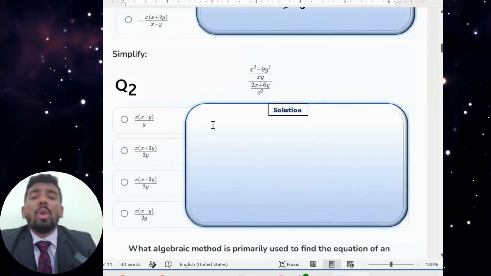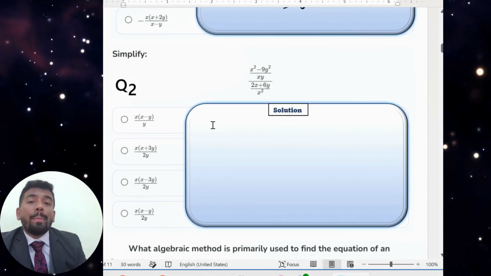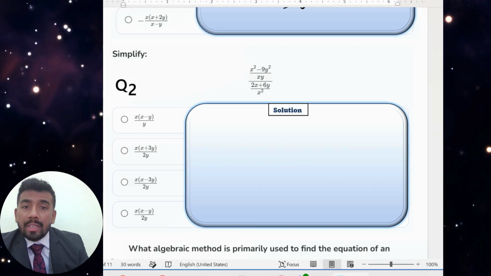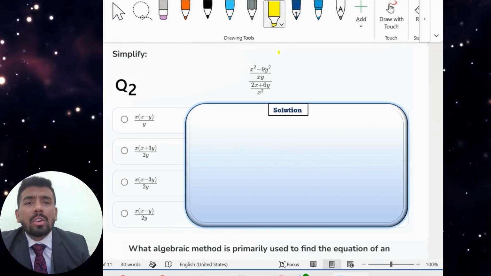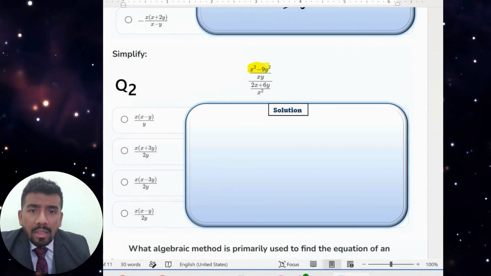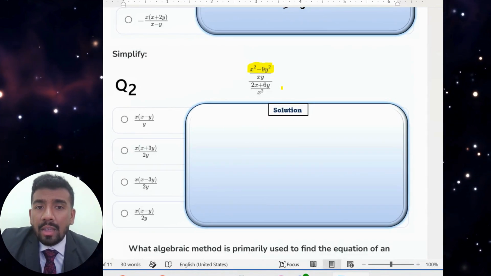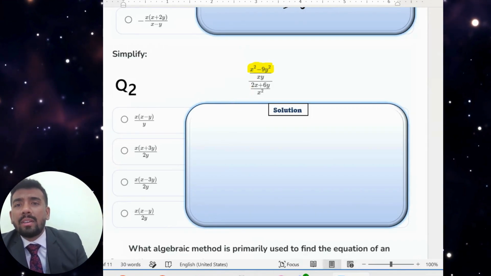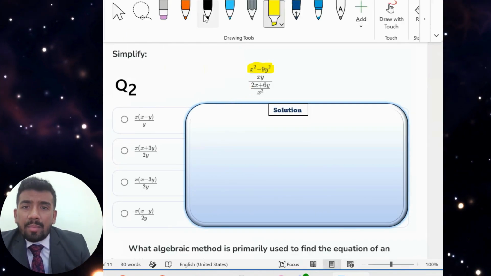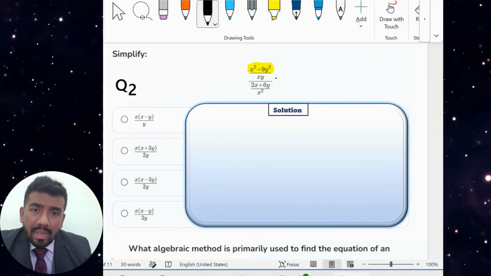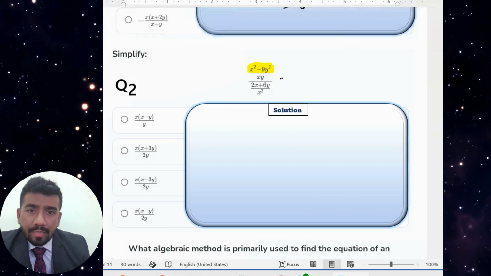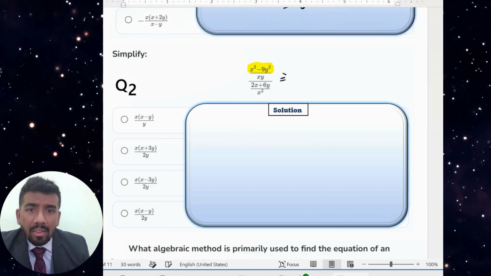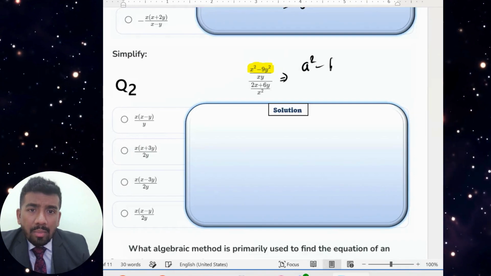Simplify. In the same way, we need to cancel, so check for the big term. Now, which is the big term? The one which has a lot of powers, a lot of numbers. You see this. Okay, so let's try to take something common from here. Is there any same term? No. But can I make it the same? Now look here. This looks like a formula: a square minus b square.